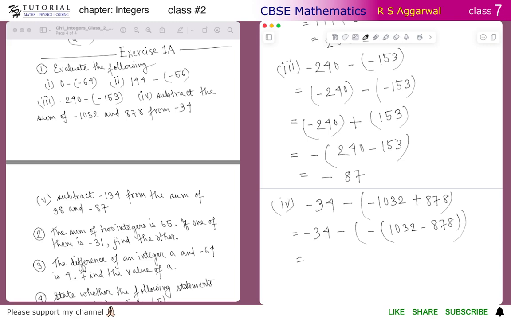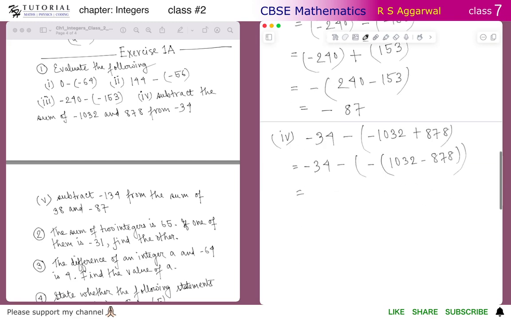So now this becomes minus 34. How much is 1032 minus 878? It will be 4, 12, 5, 8, 9 and 1. I hope I am right.